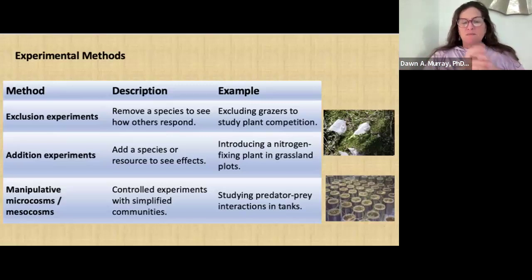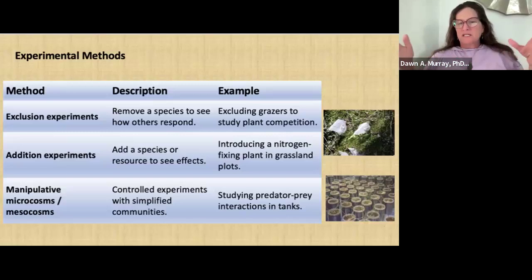And then there's manipulative microcosms or mesocosms. So these are controlled experiments, usually in a lab, with simplified communities. You could study them in tanks, for example. Maybe it's putting food into certain tanks with different numbers of species and seeing how much they compete.